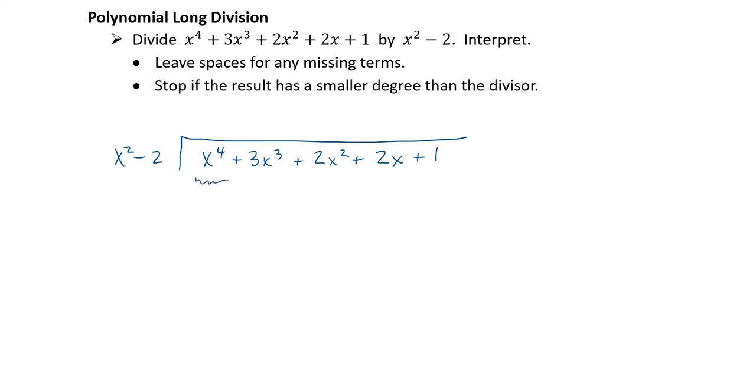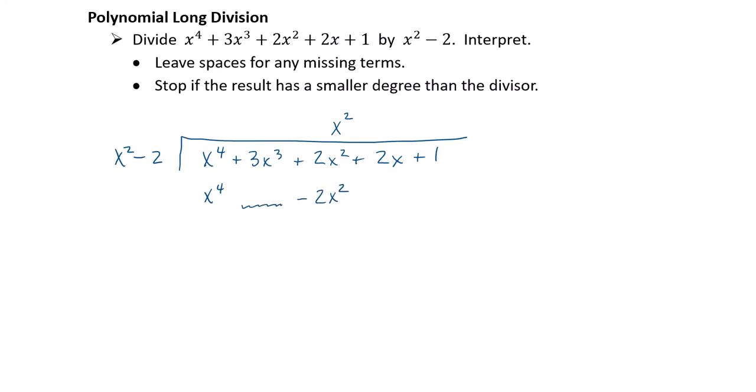X to the fourth divided by x squared is x squared. We'll make sure and place that in our x squareds column. Multiply down, x squared times x squared minus 2 is going to be x to the fourth minus 2x squared.